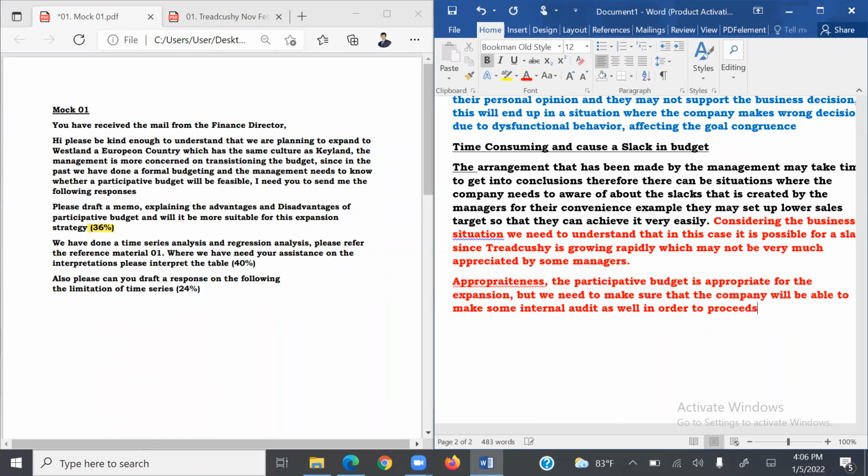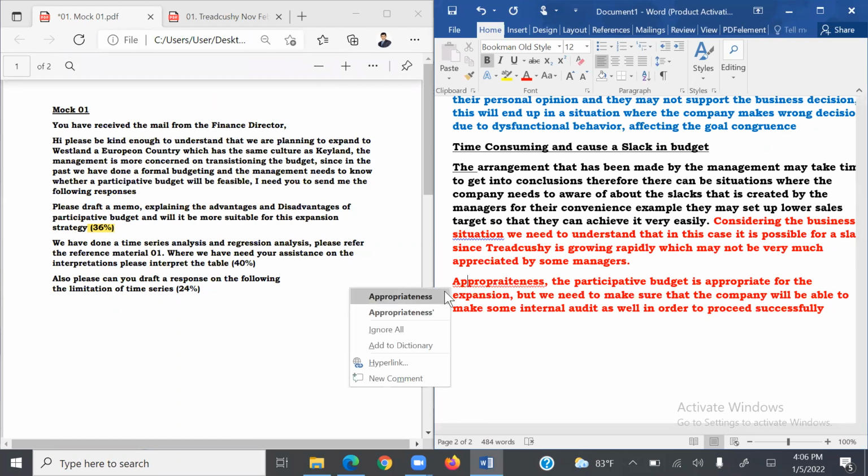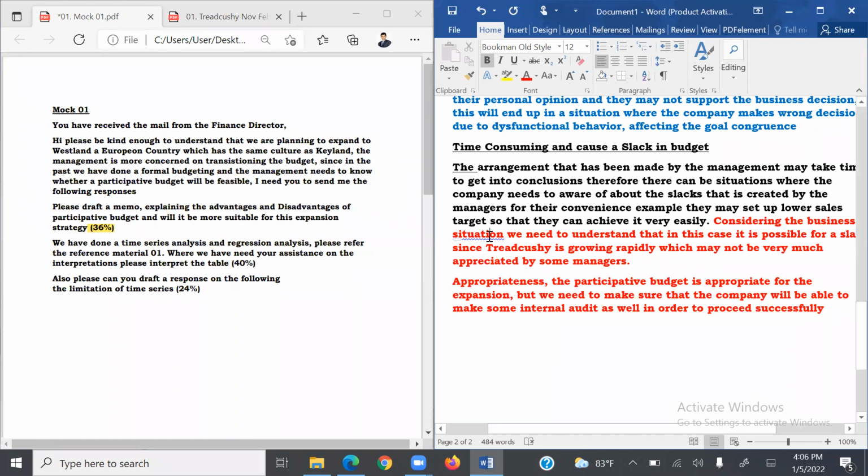Are you getting this point of view? Get this point of view very clearly, students. This is the basic answer for this question. Any questions you have, you can ask me.